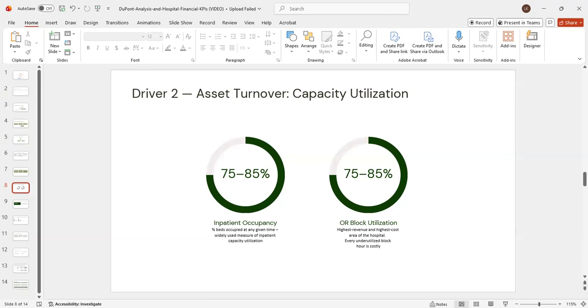Again, they too run into challenges: too high, and you have too much pressure in the system and not enough slack; too low, and you have underutilization of critical assets. So they too typically try to track something like 75 to 85% in operating room utilization.